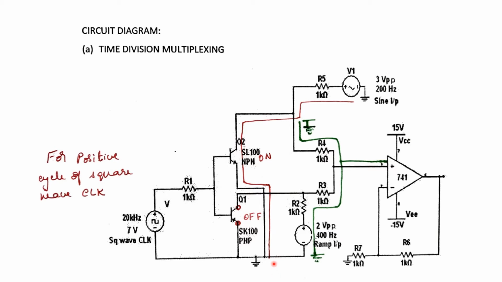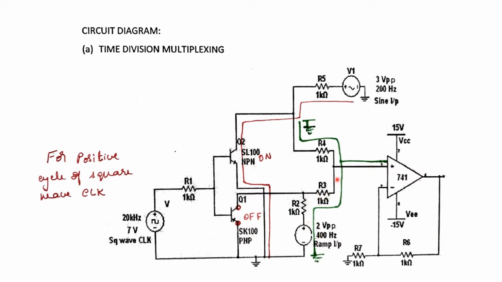So we can see this red path over here. The sine signal will flow to ground since this NPN will act as a short circuit, whereas the PNP transistor SK100 will be off. It will act as an open circuit, so there is no connection over here.